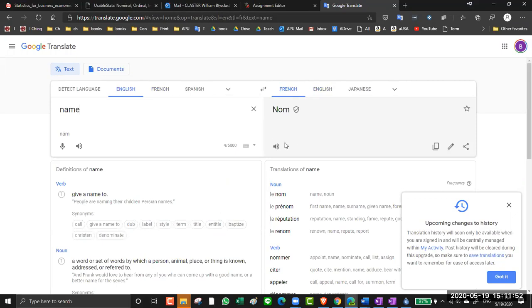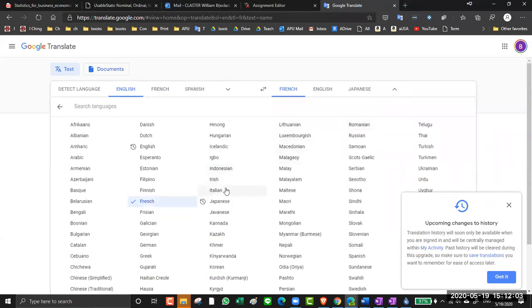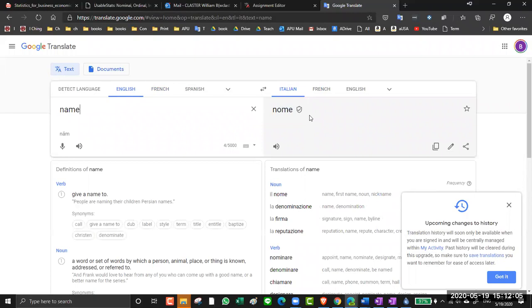Also means name. And then probably if we look up Italian, well, let's try Italian. Okay, so they're all coming from Latin. And that word nominal also means name.